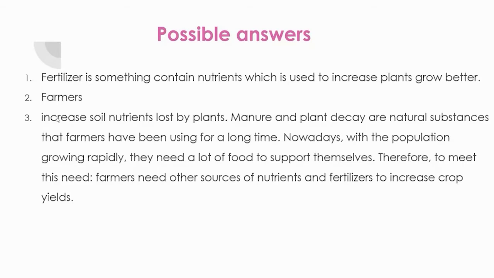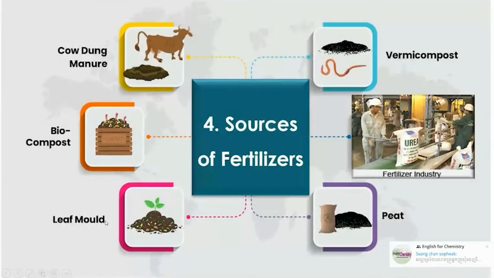So in order to support the need, we have to use fertilizer, so that the farm can support the need. So that's all for this point. Let's move on, teacher.